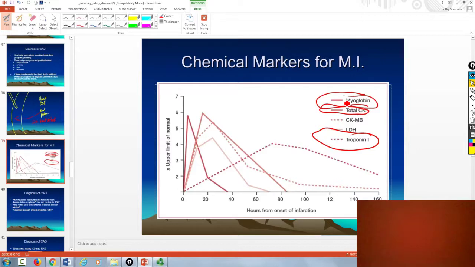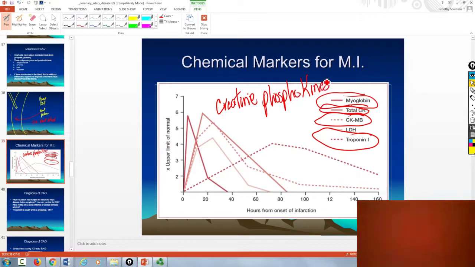Then there's a total CK. I don't want to talk about that. This is what I want to talk about. CKMB. CK stands for creatine phosphokinase.